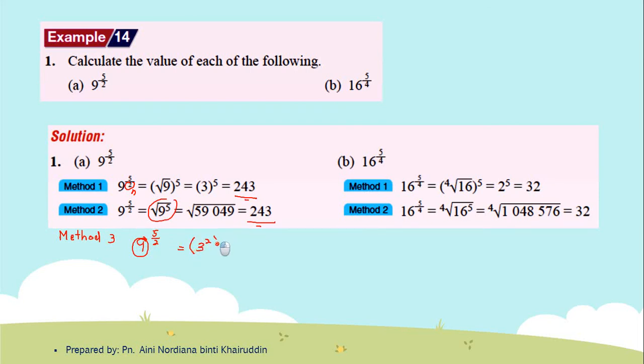And then to the power of 5 over 2. Then I cancel out 2. So I get 3 to the power of 5. 3 to the power of 5 is actually 243. So, for my students, I want you to use this method.